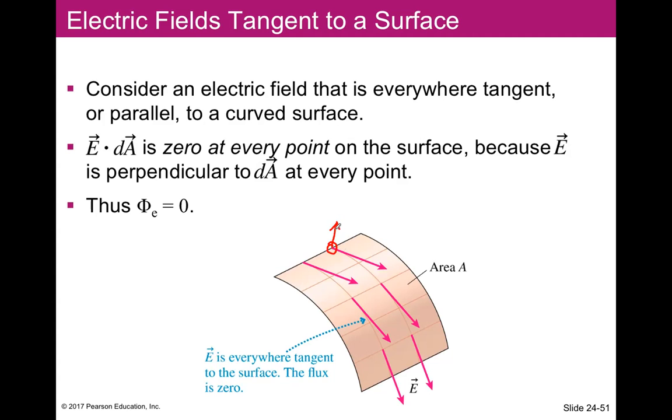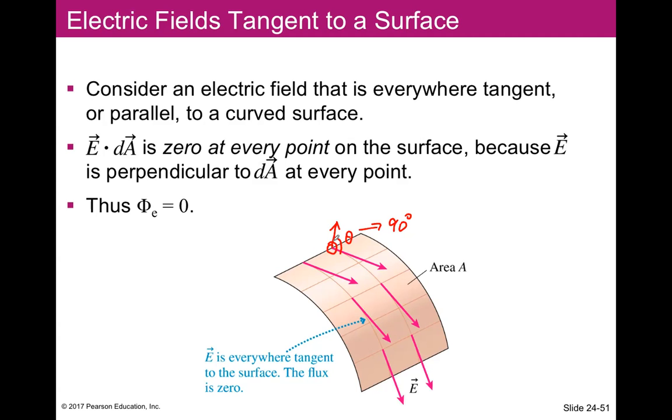90 degrees here means theta equals 90 degrees. Then if we want to calculate the very small piece at this point, what's the electric flux at this very small piece of surface?